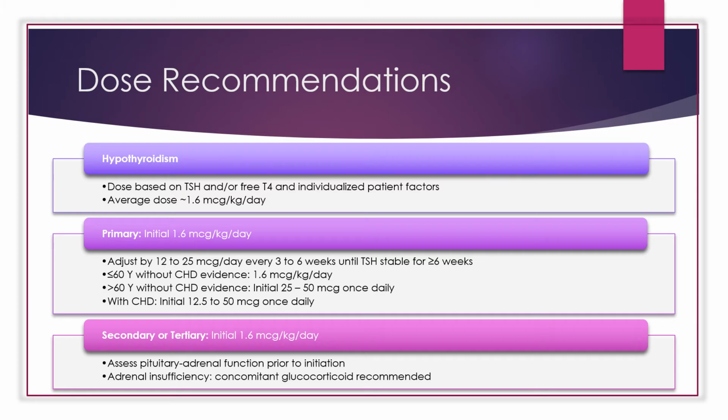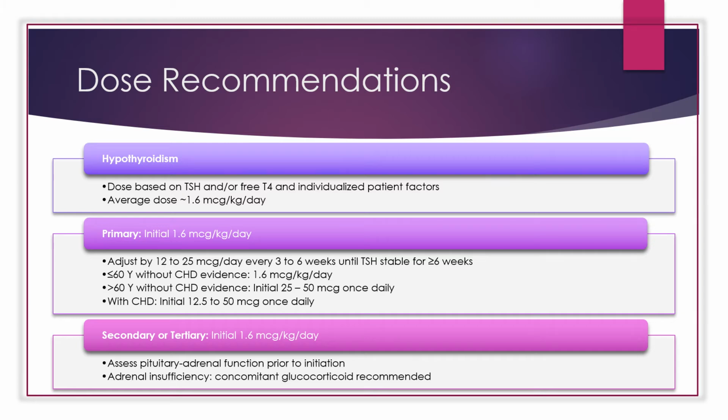For primary hypothyroidism, you want to adjust the initial dose by 12 to 25 micrograms per day every 3 to 6 weeks until their TSH level is stable for greater than or equal to 6 weeks. Patients that are less than or equal to 60 without evidence of coronary heart disease start with an initial dose of 1.6 micrograms per kilogram per day.